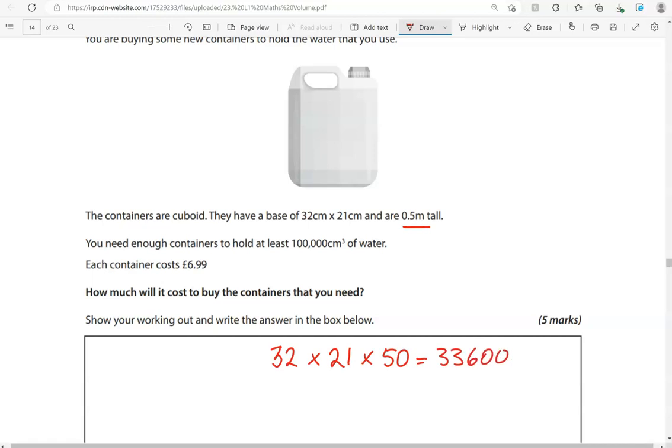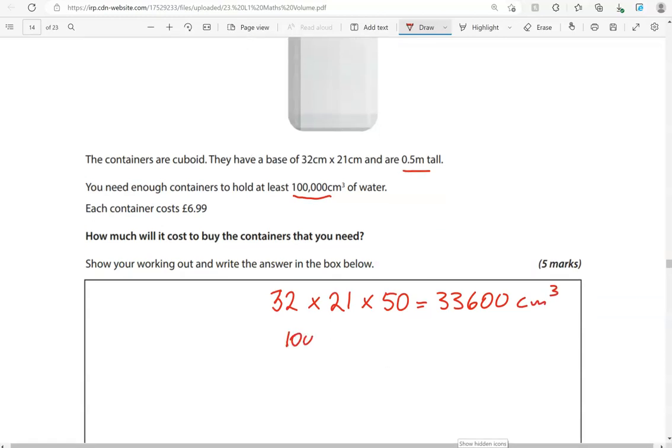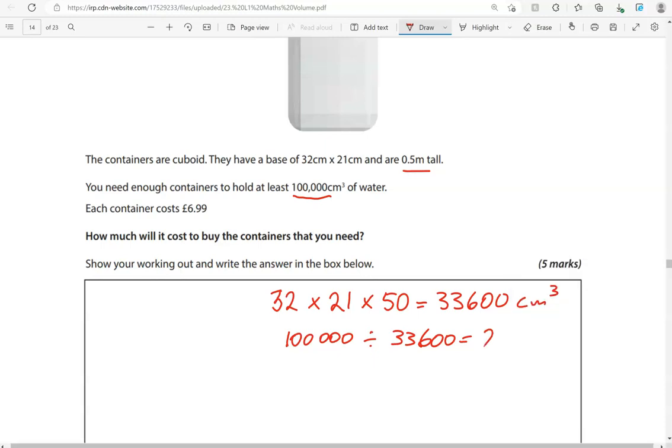And you need enough containers to hold at least 100,000 cubic centimeters of water. So what we're going to do is 100,000 divided by 33,600, which is 2.98 containers.